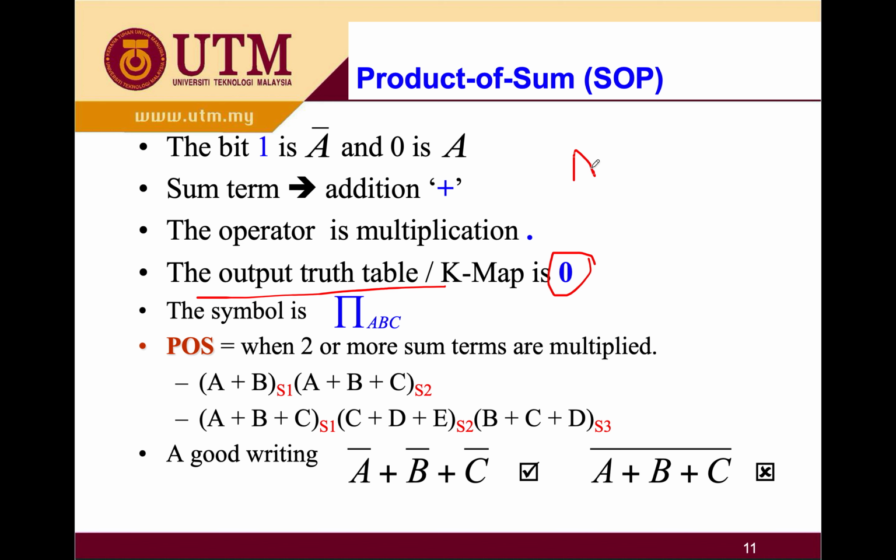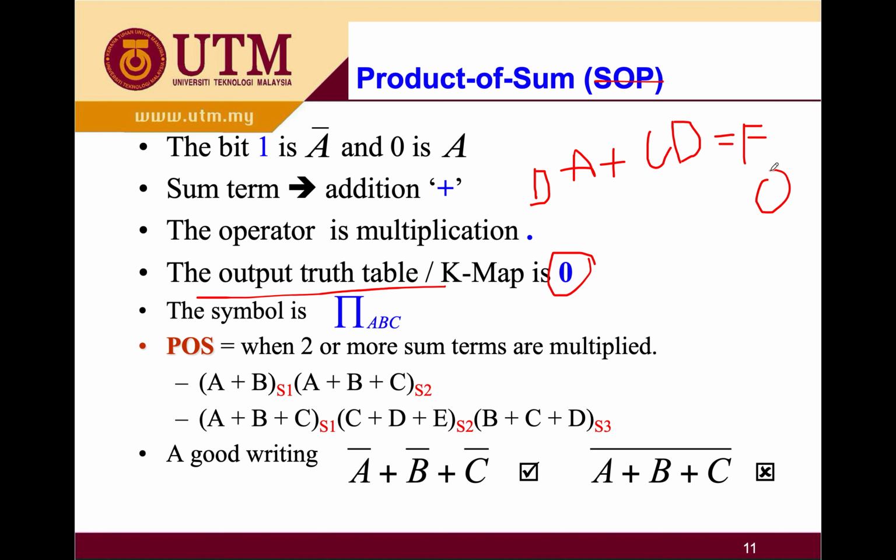Let's say you have A plus C. I just give you the example. Maybe this is D. This one is also D. I give you the example and please don't just simply believe that this is A and this is B or C or A or D. So I just want to show you, if you have the product of sum, or POS, you will get an output over here, F, which is 0.